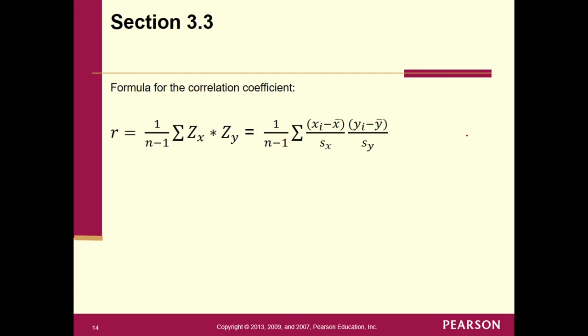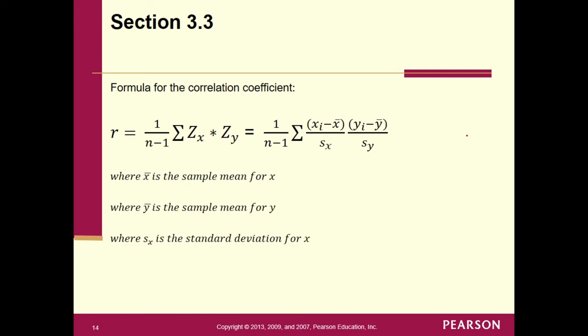So here we have x minus x bar over the sample standard deviation for x, multiplied by the corresponding stuff for y. x bar is the sample mean for x, y bar is the sample mean for y. s sub x is the standard deviation for x, and there's our standard deviation for y.